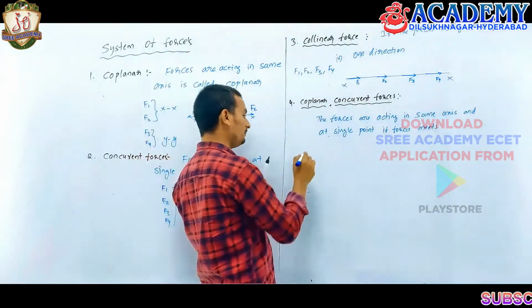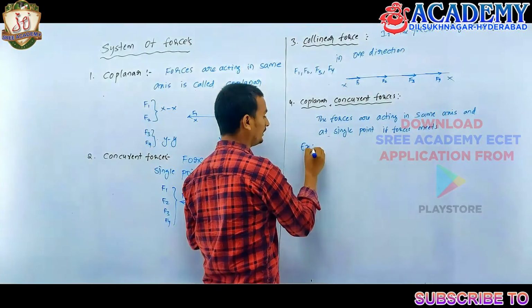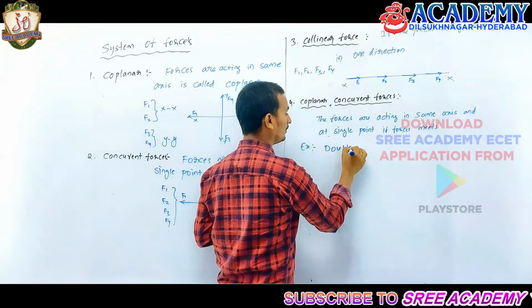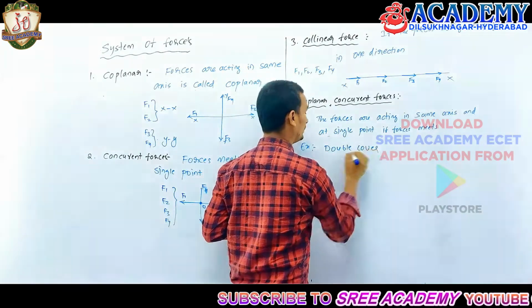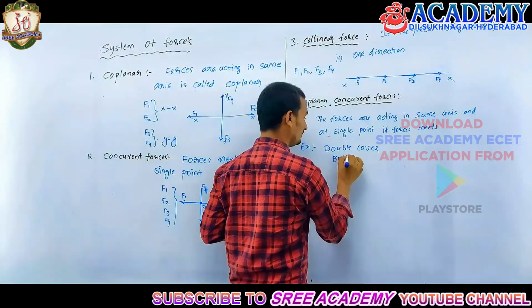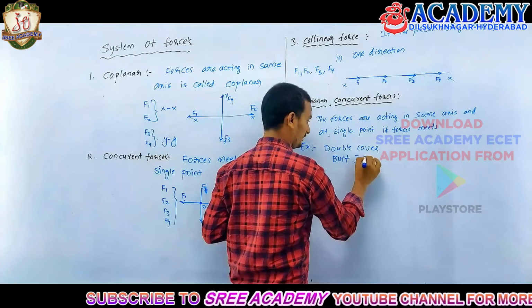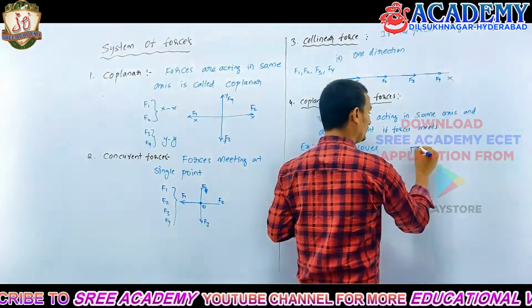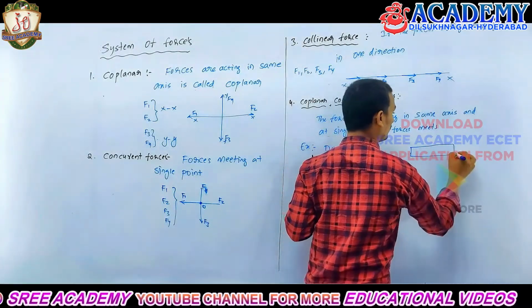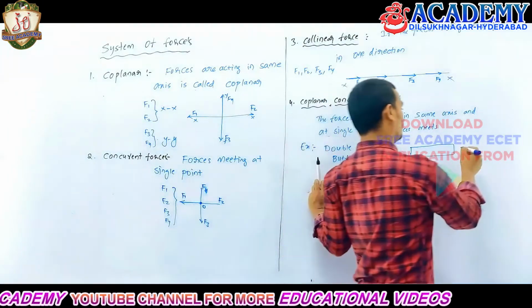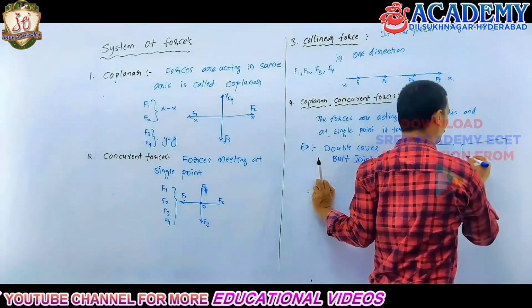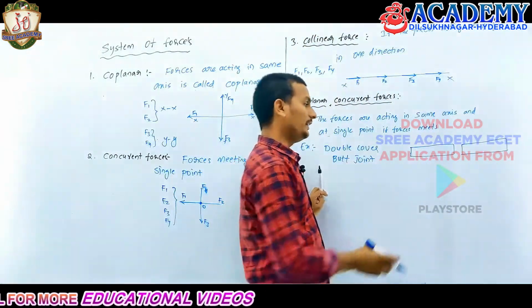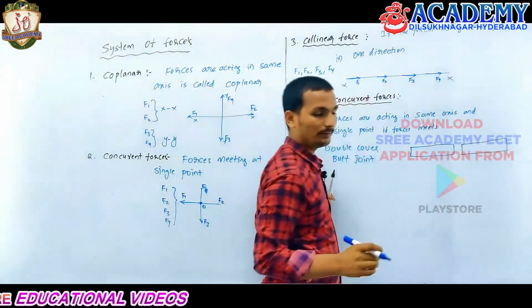See, the example for a coplanar concurrent system is the double cover butt joint. This word you will study in the steel structure subject, right? And this is one member and this is one more member. I need to join these two members.